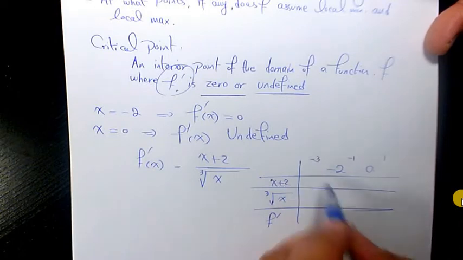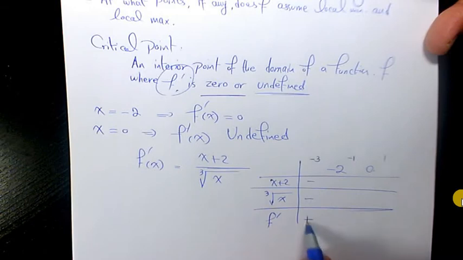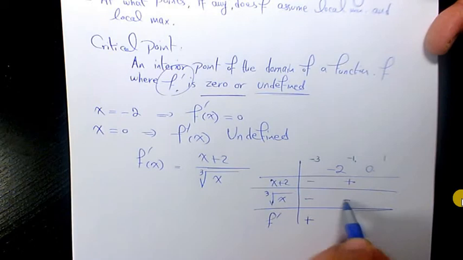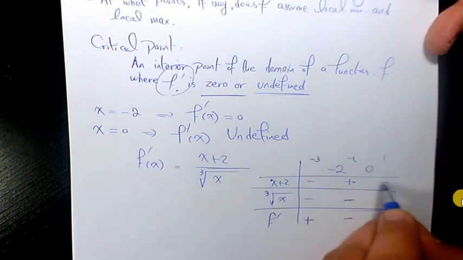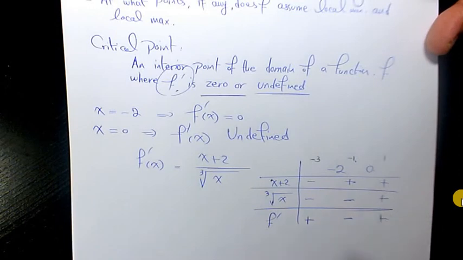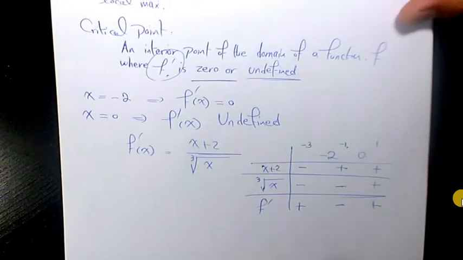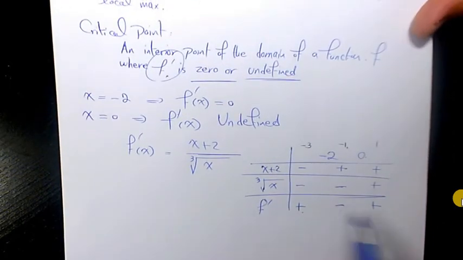If you sub it there, it's going to be negative, negative, and that's going to be positive. Negative 1 plus 2 is positive, cube root is negative, so positive times negative is going to be negative. When you sub 1, it is going to be positive, and this one is positive, so it's going to be positive. So f prime is positive, negative, positive.